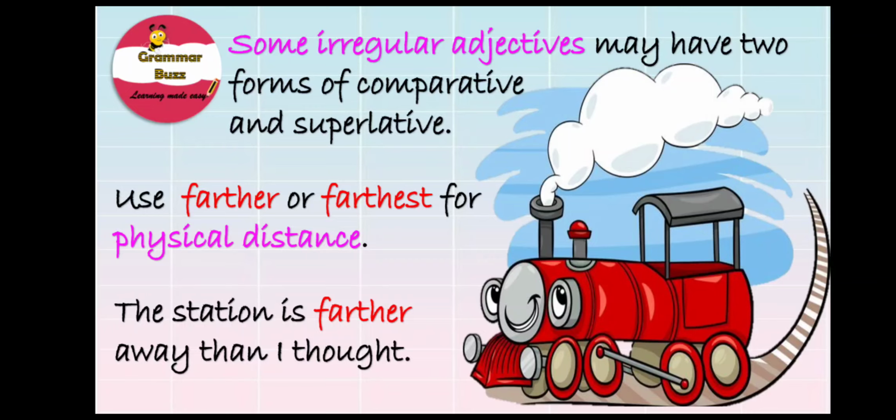I hope by now you have followed and well understood the rules to form the degrees of comparison in case of one-syllable adjectives, two-syllable adjectives, and irregular adjectives. So, let us practice forming a few of them together.